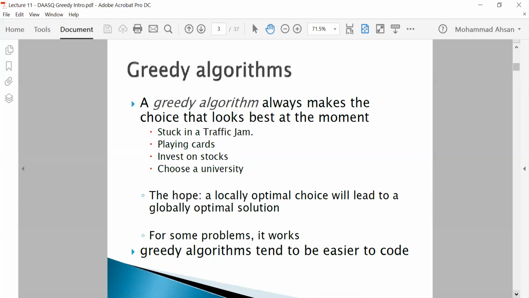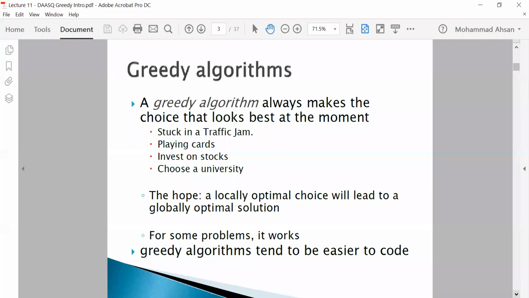So it's an at-the-moment decision, and that decision is greedy. When you play cards, you play the best card you have, thinking that this will help you win. Or when you see stocks, you see which one is going up and you invest in that, and the rest you don't know what's going to happen. But at that moment you thought that was the best decision.